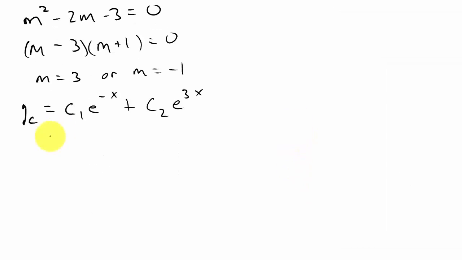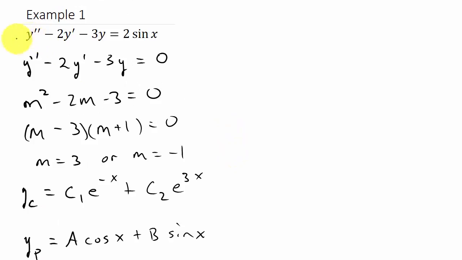So I'm going to choose y sub p equals a cosine x plus b sine x. What I have to do now is take the first derivative and the second derivative of this, because after I take these derivatives, I'm going to plug y sub p, y prime sub p and y double prime sub p back into my equation.